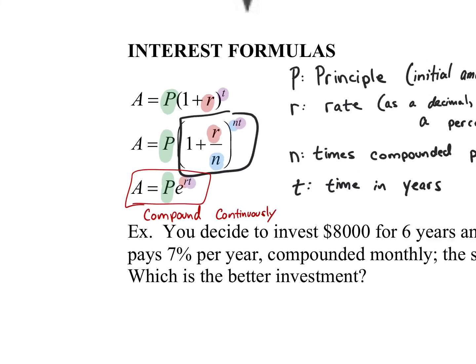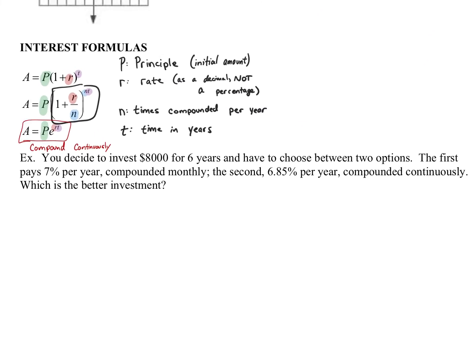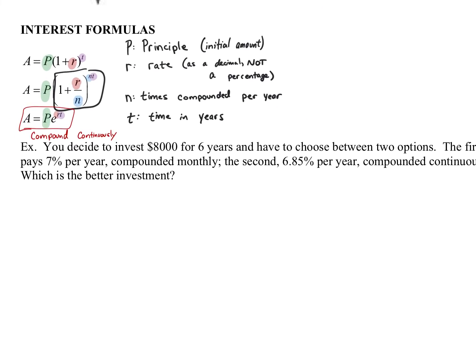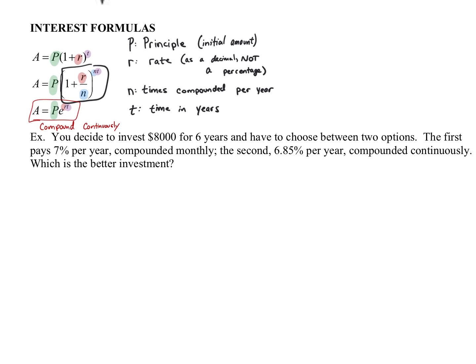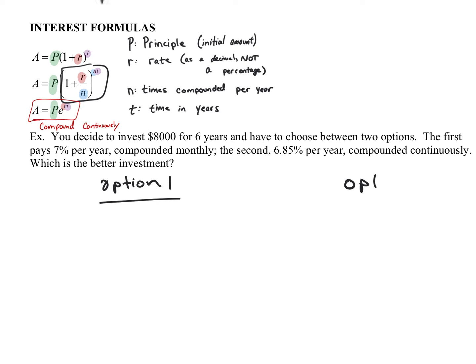So let's look at an example to wrap up this first half of the notes. Here they tell us we want to invest $8,000 for 6 years. We have two options. So in option 1, and we have option 2. In option 1, we get 7% yearly interest.